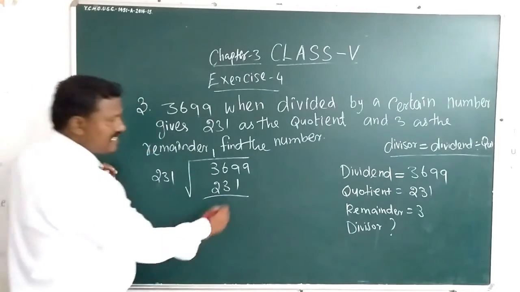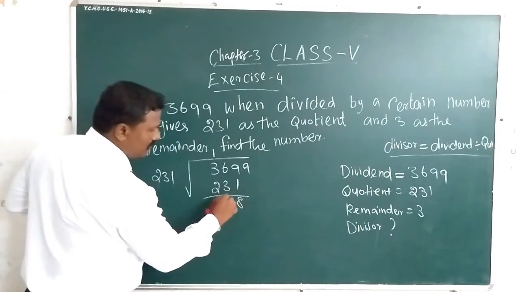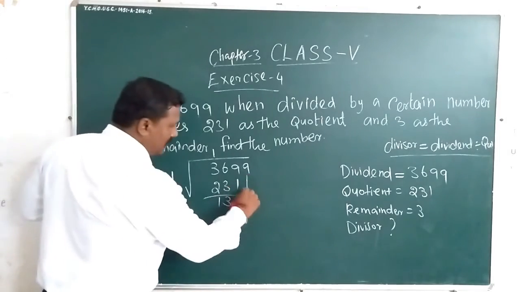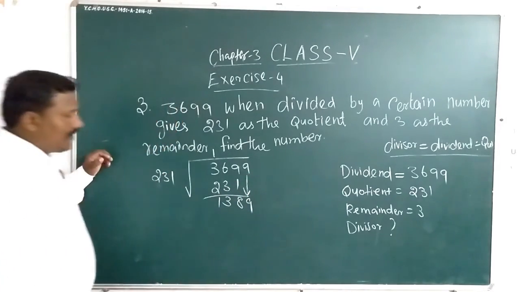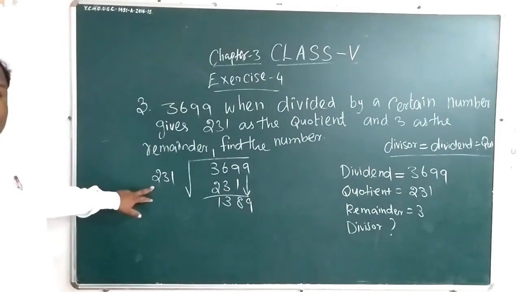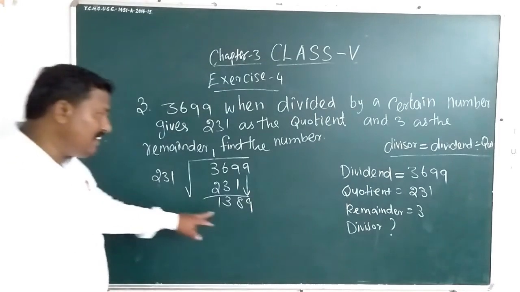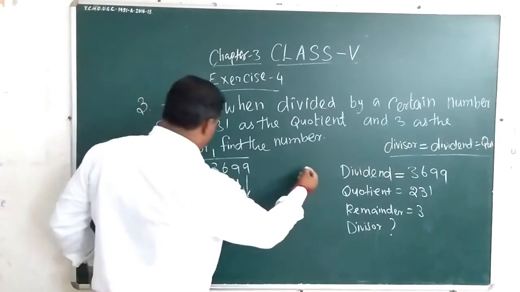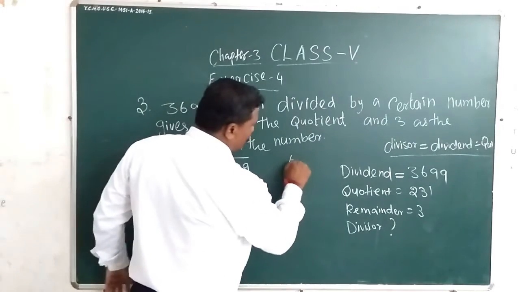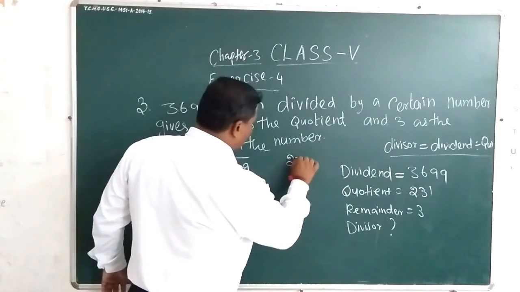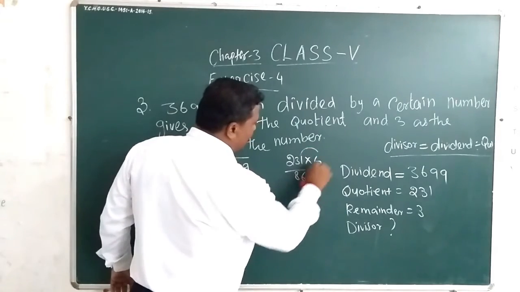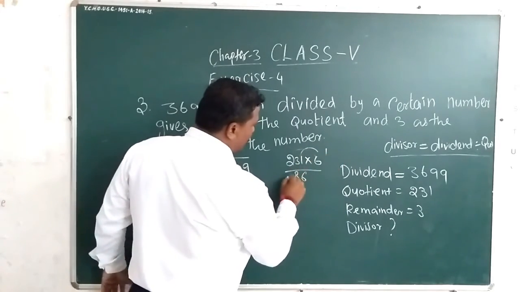If you subtract this, you will get 138. So I will take down the other number 9. So how many 231s are there in 1389? Approximately I will multiply 6 times. 231 multiplied by 6: 6, 18, remainder 1, 12 plus 1, 13.